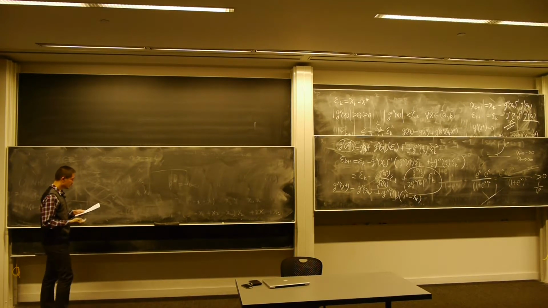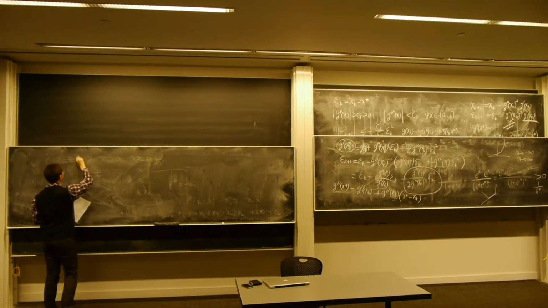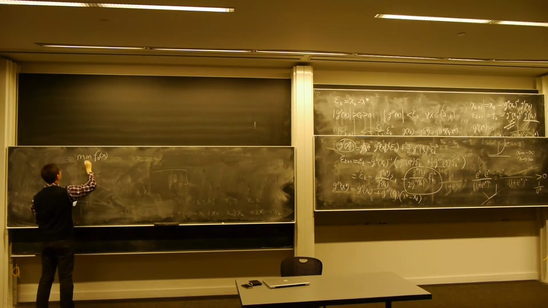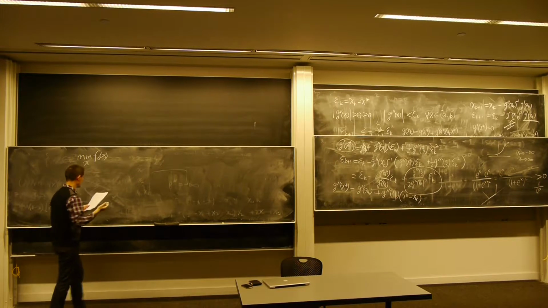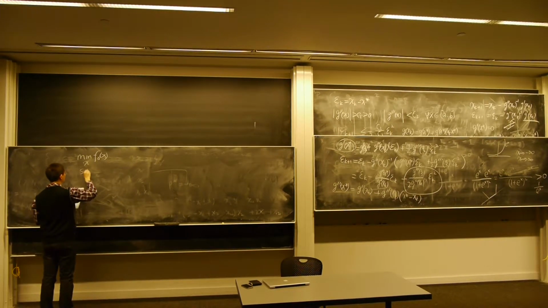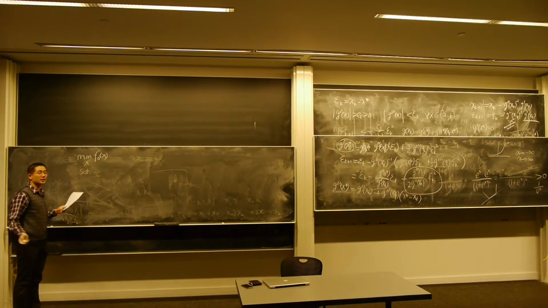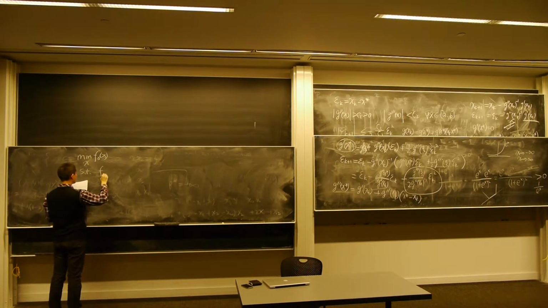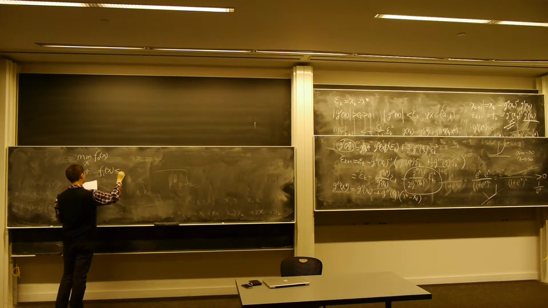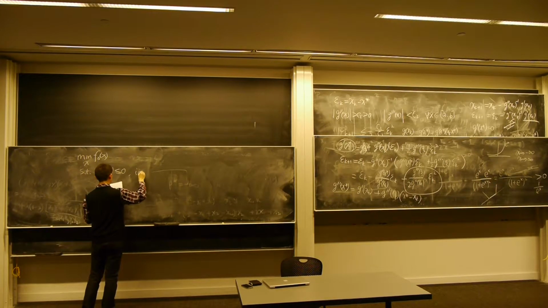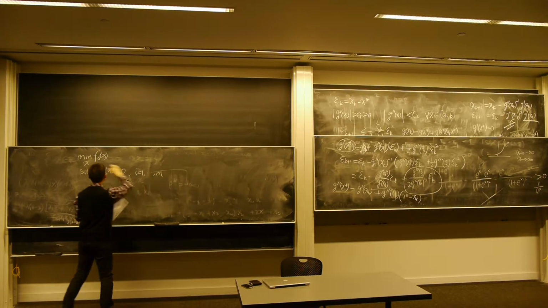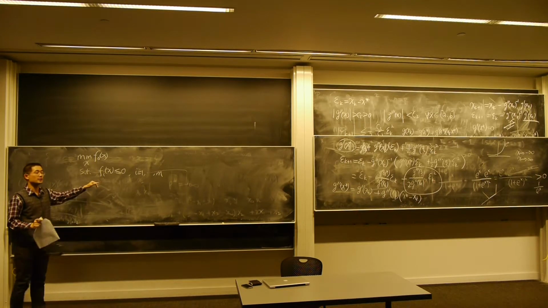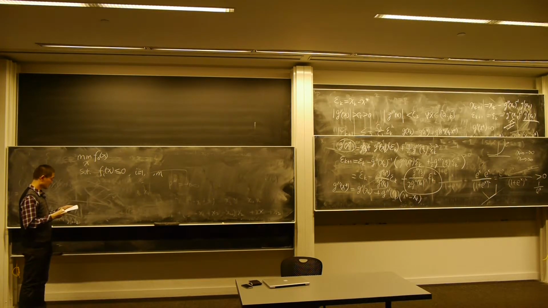So it asks, if you have a problem, I don't know where this problem comes from, but I bet from the notations, it's probably coming from Steve Boyd's book, Convex Optimization, because he uses these notations very often. f0 is your objective, and f1 through fm are your constraint functions.